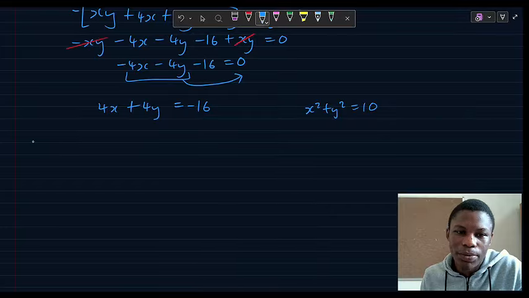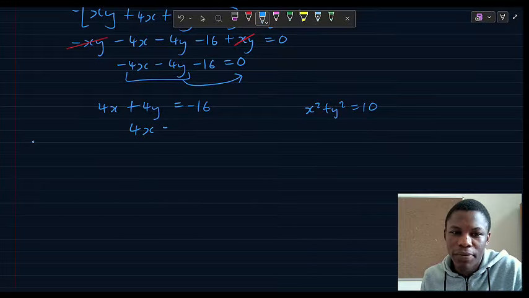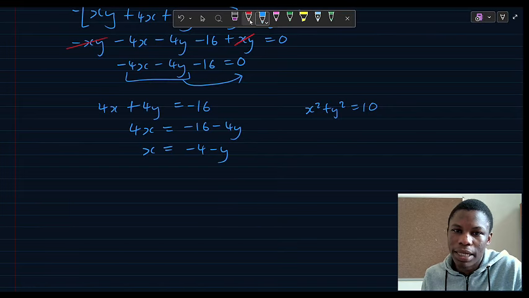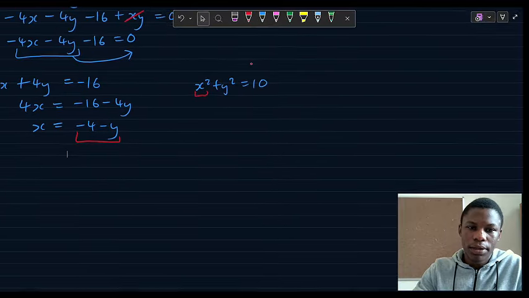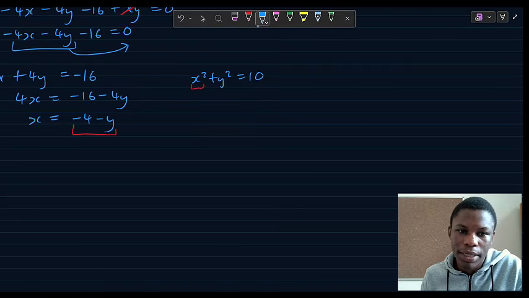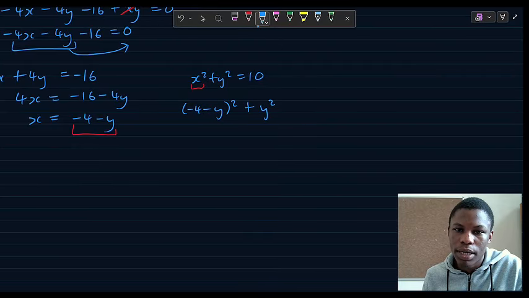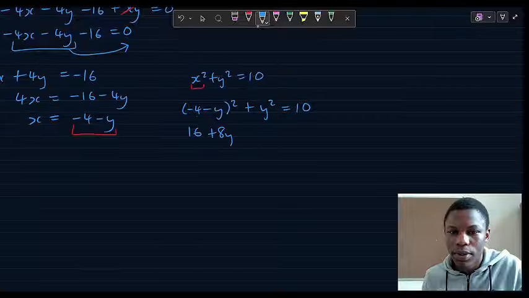So let's make x the subject of the formula in the first equation. You get 4x is negative 16 minus 4y. Divide through by 4. x is negative 4 minus y. So replace this x with negative 4 minus y. So that becomes (negative 4 minus y) squared plus y squared is equal to 10. Square the negative 4, you get a 16. 2 times negative 4 times negative y becomes positive 8y.